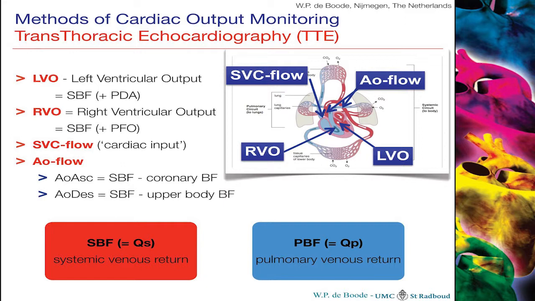It's always very difficult, what is cardiac output? I think what we can say is the systemic venous return is the true systemic blood flow. That is QS. And the pulmonary venous return is QP, the pulmonary blood flow.